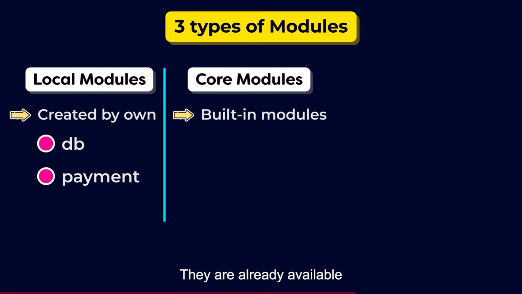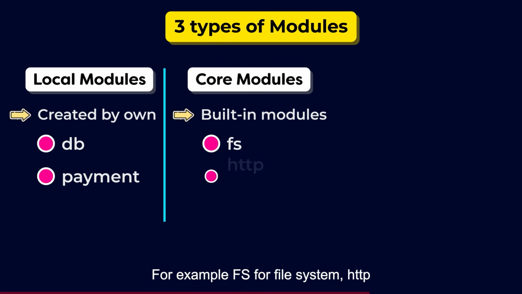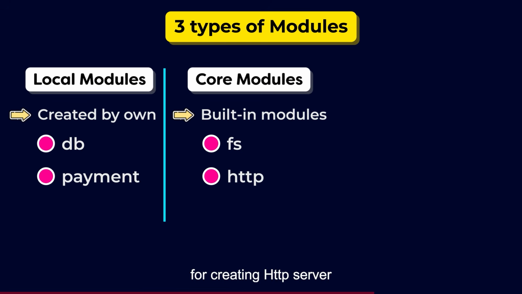They are already available in all Node applications. For example, fs for file system, http for creating an HTTP server or making HTTP requests, os for operating system related functionality, and many more. Don't worry, I will explain all core modules in the upcoming lessons of this section.